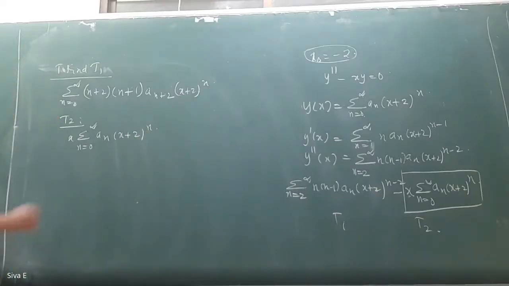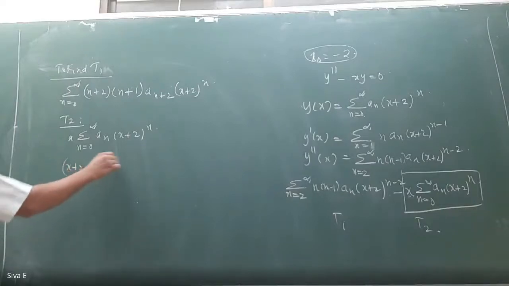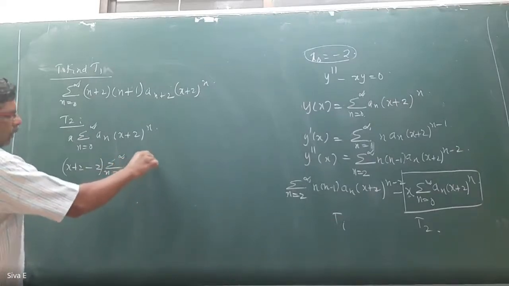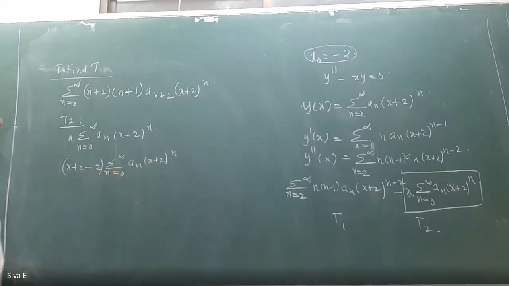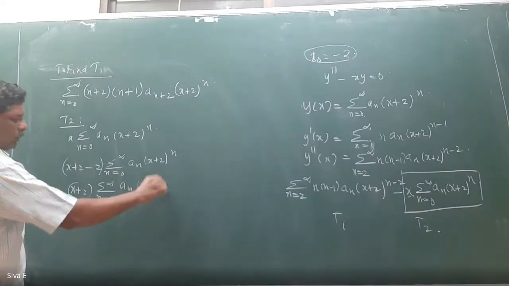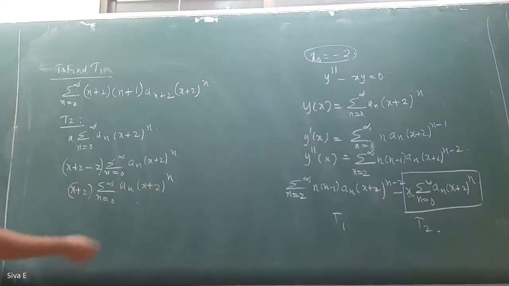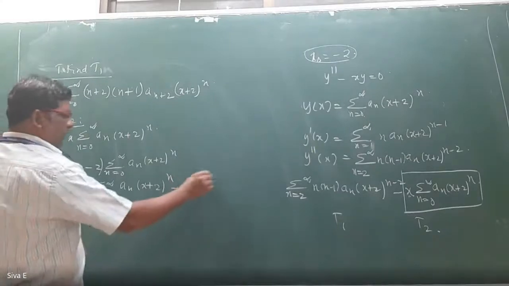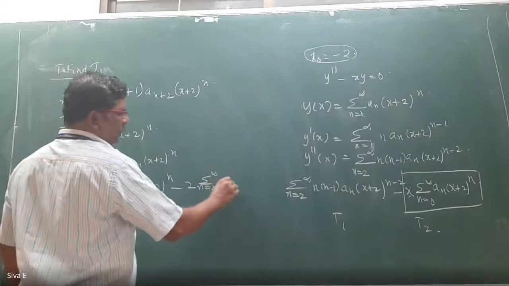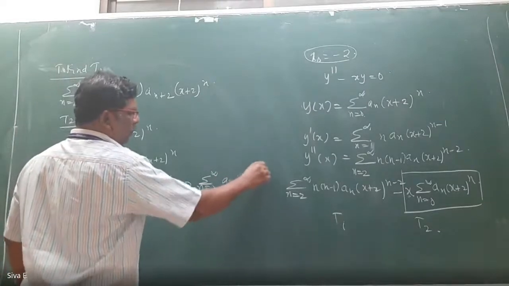So here what will you do here? (x + 2) minus 2, summation of n equal to 0 to infinity a_n (x + 2)^n. This can be written as (x + 2) summation of n equal to 0 to infinity a_n (x + 2)^n, then minus 2 into summation of n equal to 0 to infinity a_n (x + 2)^n.